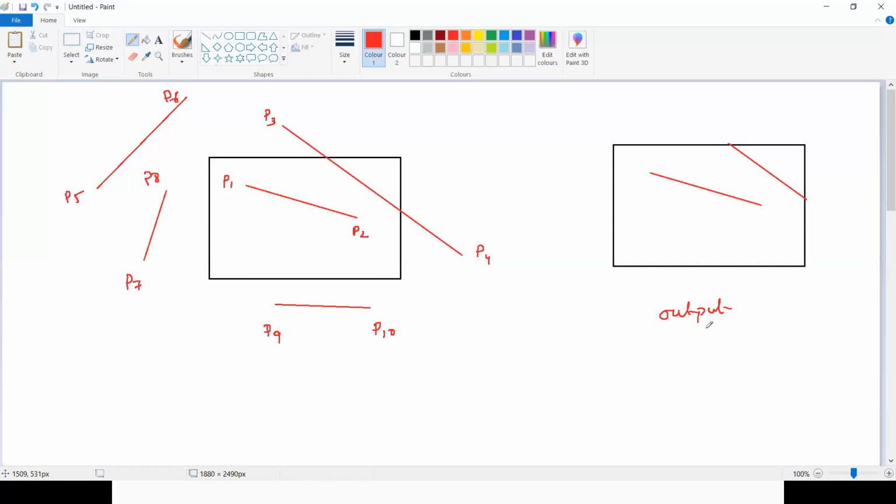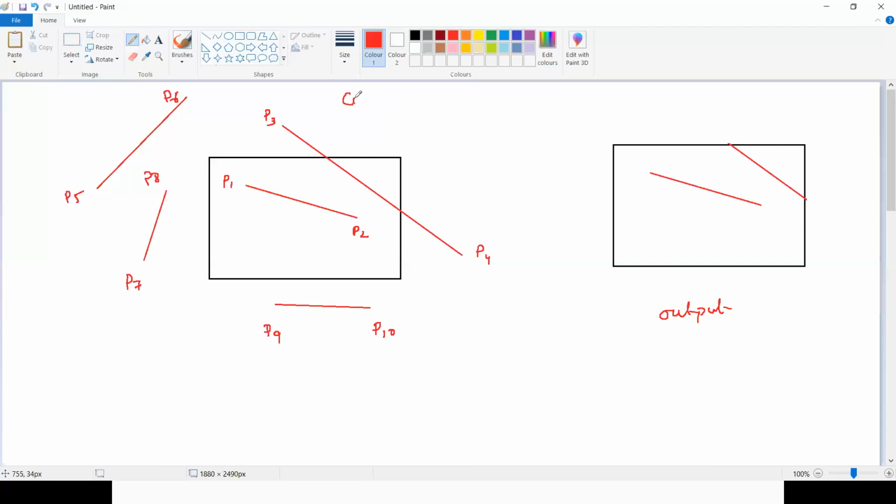Okay. Now how can we perform the clipping? Point clipping, you can see, is very easy. We are just comparing the minimum and maximum values of the points and we can take the decision. But for line clipping, the concept is something different. There are different types of line clipping algorithms. The first line clipping algorithm which we will discuss is called the Cohen-Sutherland line clipping algorithm.